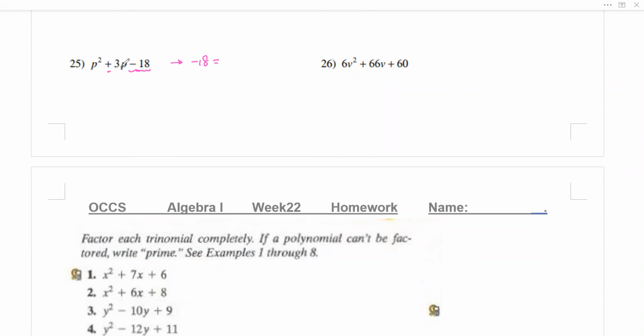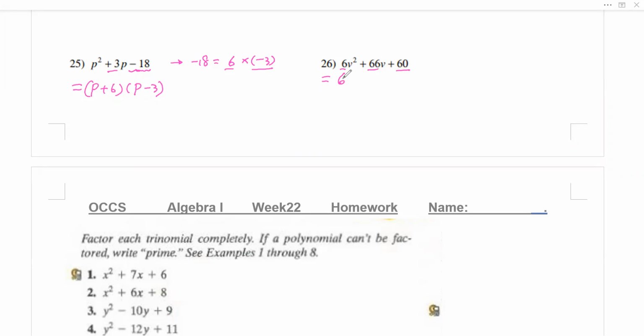So here is positive. So it should be +6, -3. Work this out in your mind, all right? So the sum of them is 3. So you can see this one can be changed into +6, -3, right?